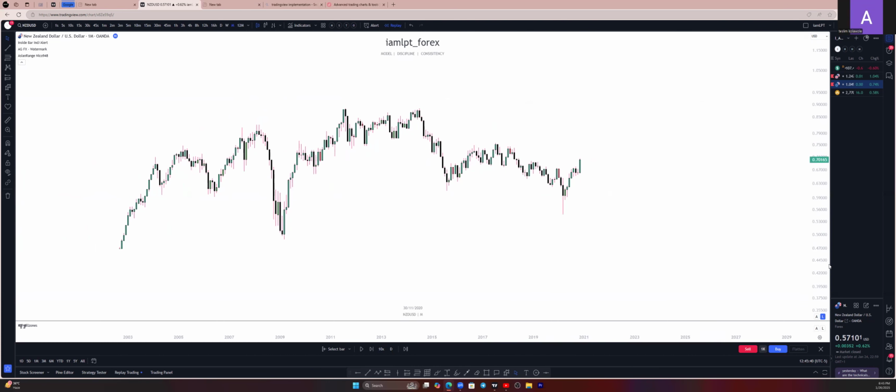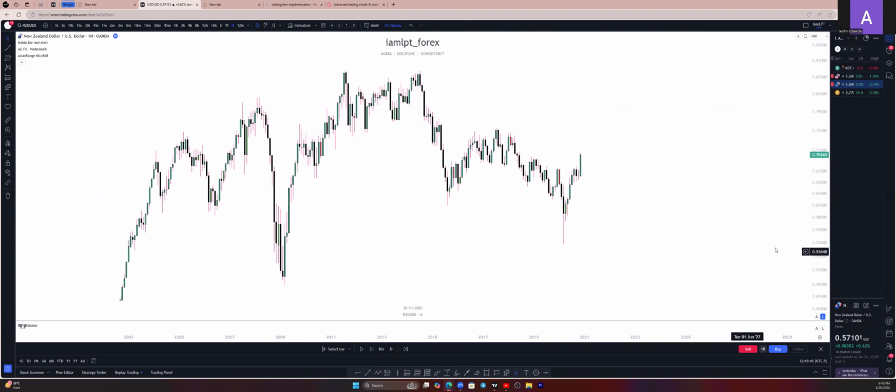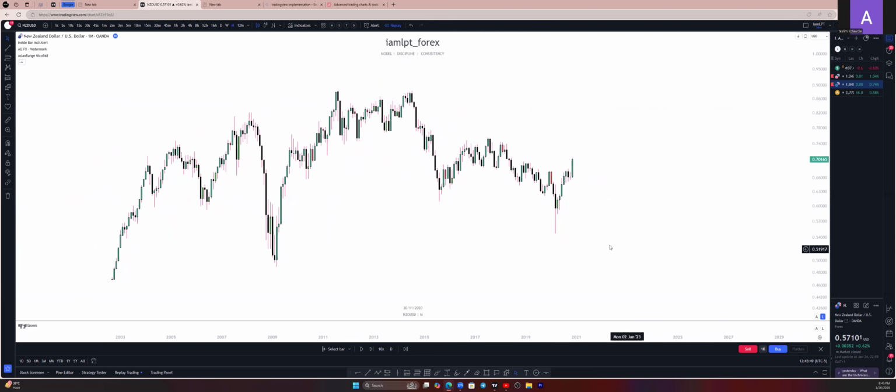so that we can discuss the reason why we're here. So if you look at this particular chart, this is the monthly time frame of NZD/USD, and we can see from just this little price action that it's a bullish market. Bullish in the sense that we have higher highs and higher lows.